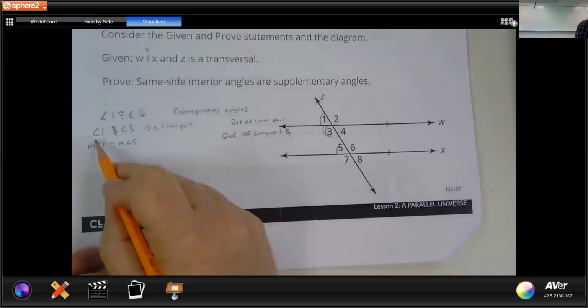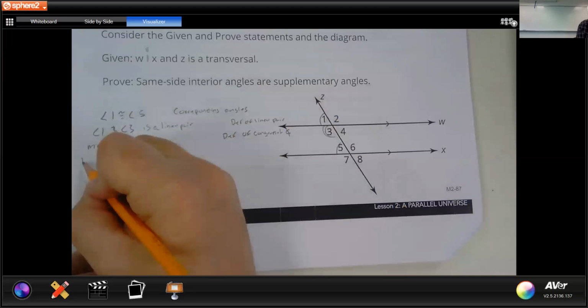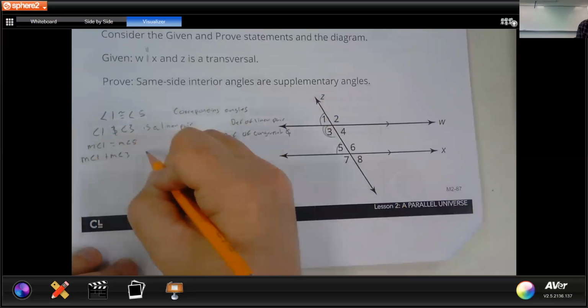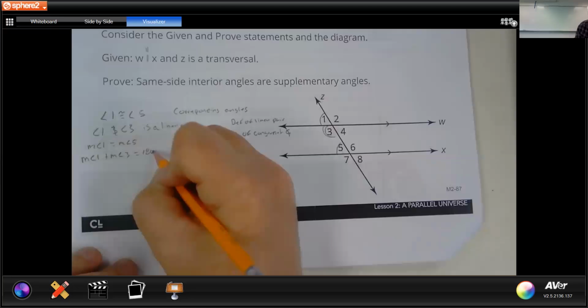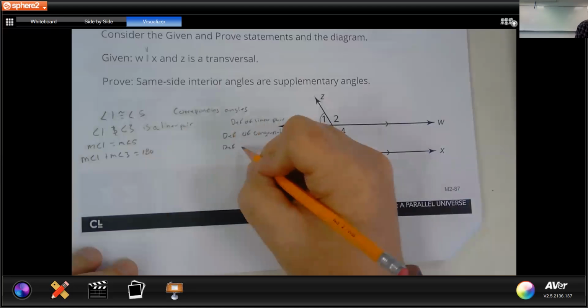We know that 1 and 3 are a linear pair. So what exactly does that mean? The measure of angle 1 plus the measure of angle 3 equals 180 degrees, because that's the definition of supplementary angles.